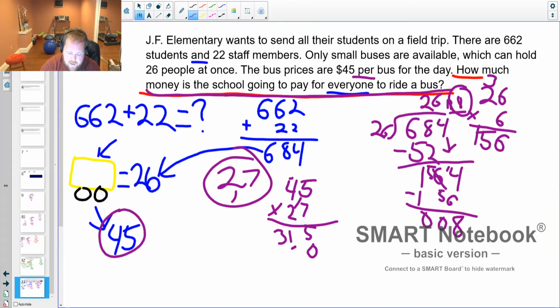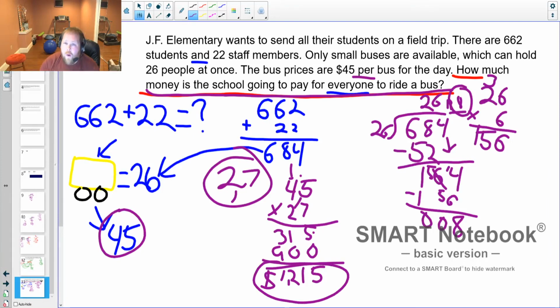Carry the 1. 2 times 4 is 8. Plus 1 is 9. So, 315 plus 90 equals 1,215. The answer is $1,215. Okay?